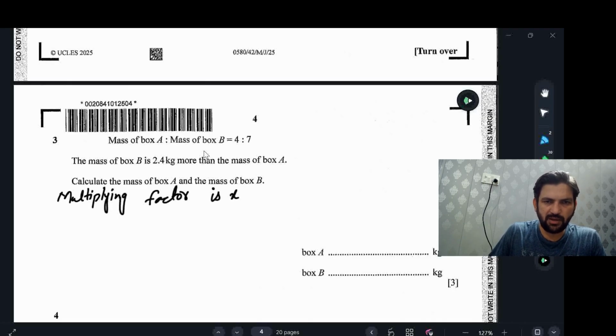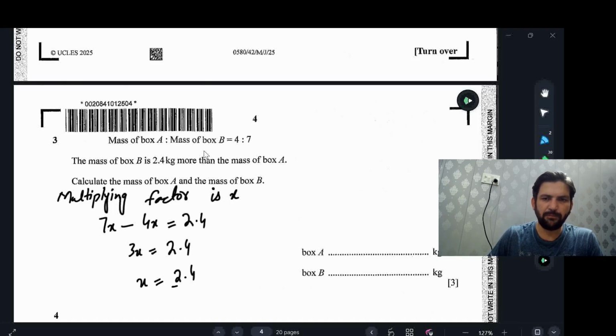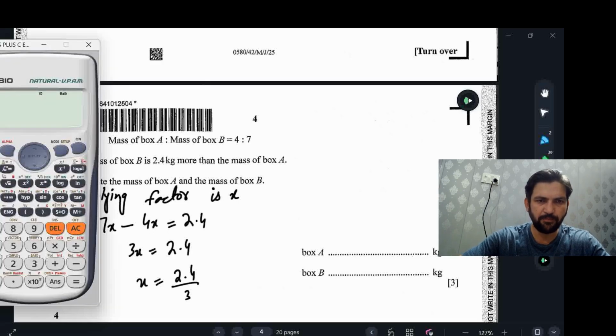Now it means that 7x minus 4x will be equal to 2.4, because they are saying that this one is more than this one, so the difference is 2.4. So if we simplify, this will be 3x equals 2.4, which means x equals 2.4 divided by 3.